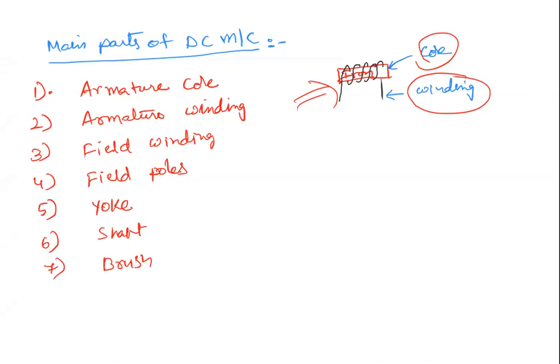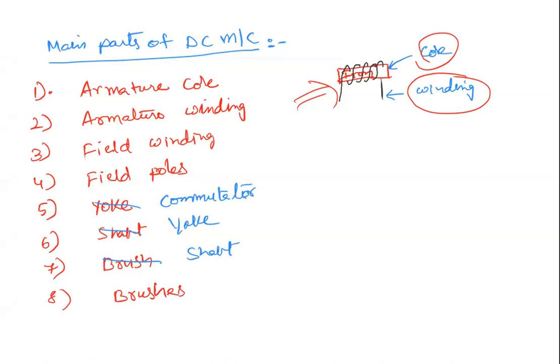Actually, the fifth one must not be this. Fifth one is a commutator, so it is an important part. Sixth one is yoke. Seventh one is shaft. And eighth one is brushes.